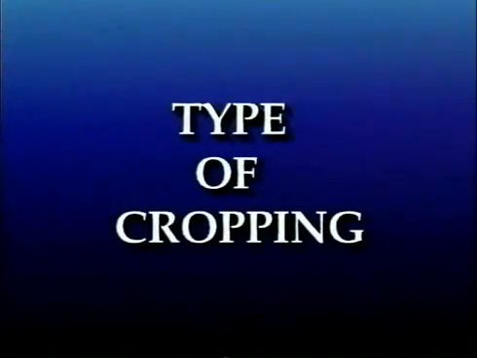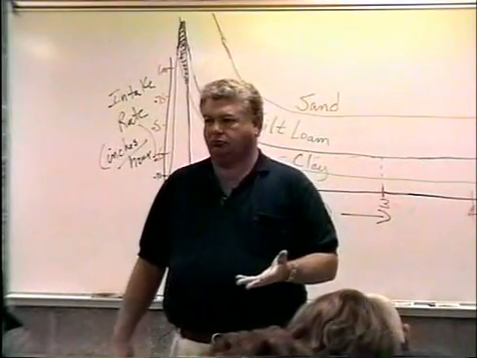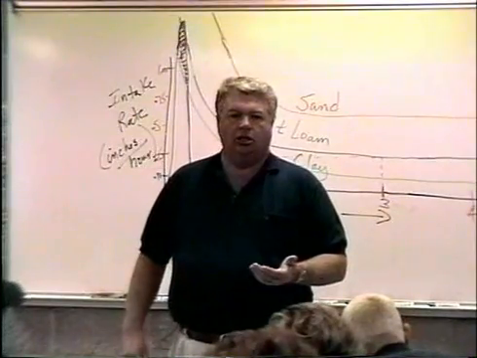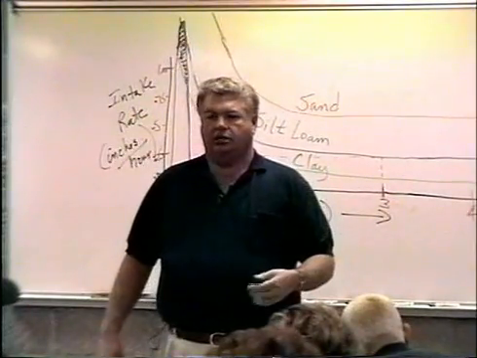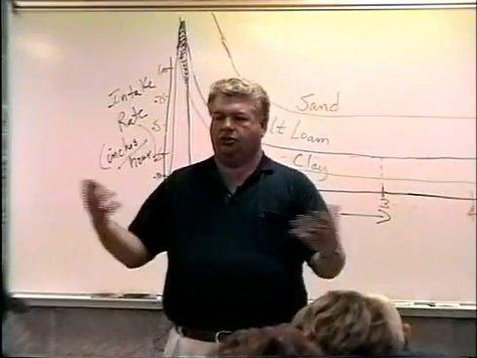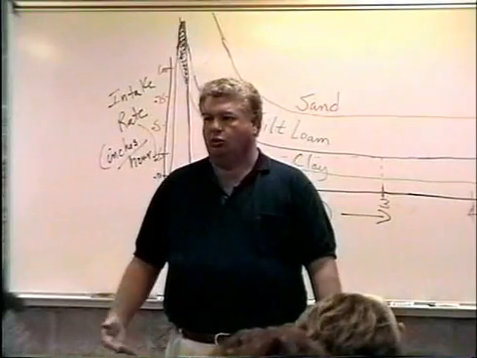The kind of cropping we have. The crop itself and also the crop that was in beforehand. If we just went through a year of potatoes on a field, there's no residual put back in the ground after you grow potatoes. The vines just turn into dust, powder. It's not like if you grew corn or wheat.